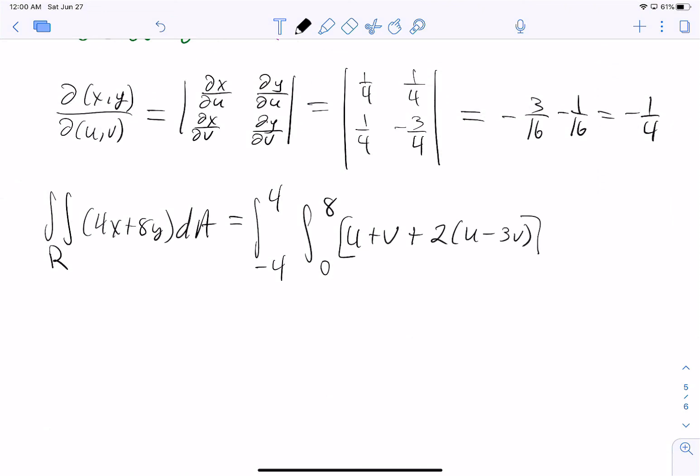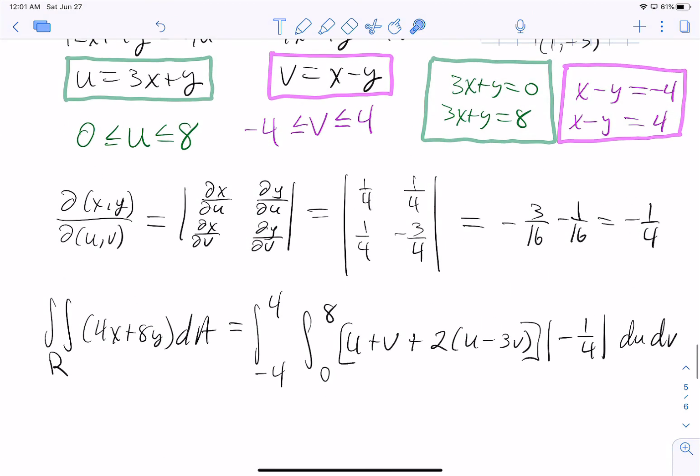All of that times the absolute value of the Jacobian, which is the absolute value of -1/4, times du dv, and I picked the order du dv, essentially when I said that the first integral went from -4 to 4.